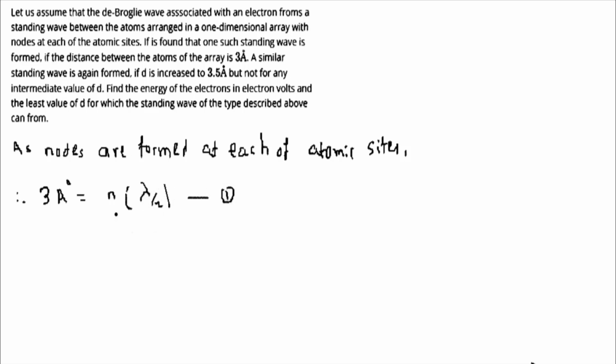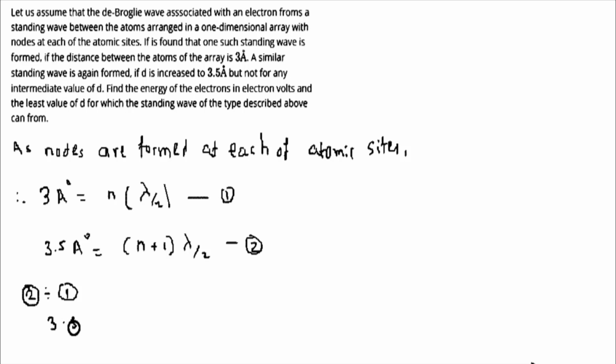We'll number this equation 1. Another data is given, that is 3.5 angstrom, equals n plus 1 lambda by 2. We'll number this equation 2. So we'll divide equation 2 by 1. So it is 3.5 divided by 3 is equal to n plus 1 upon n.